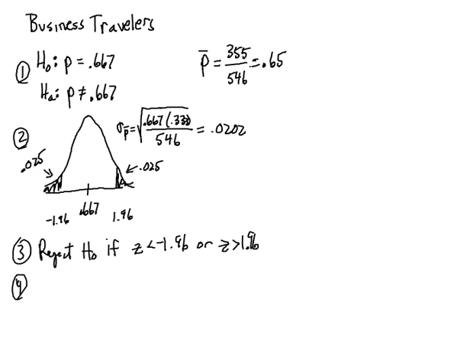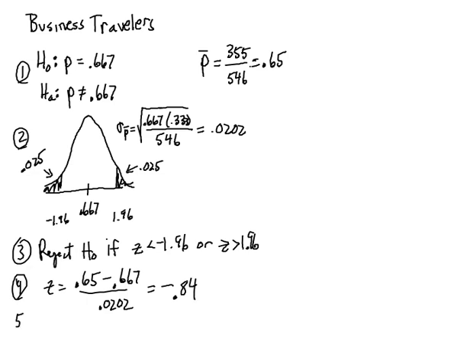And our test statistic, we will take the 0.65 sample percentage, subtract the percentage we're testing against, and divide by the standard deviation or standard error since we're sampling, and end up with a negative 0.84 z-value.